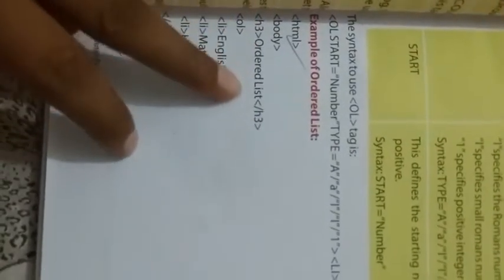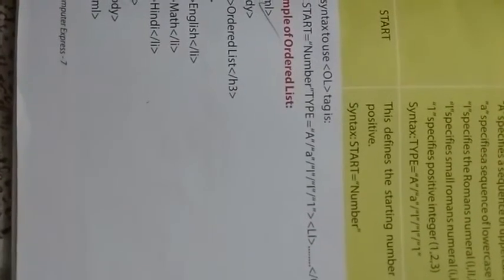H3 is closed here, which means H is a container tag. In your previous chapter I explained the topic of container tag and empty tag, so don't be confused about it.